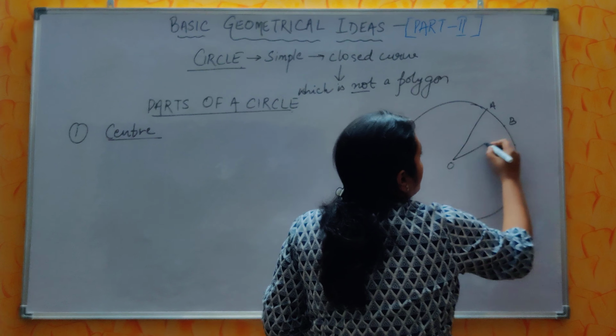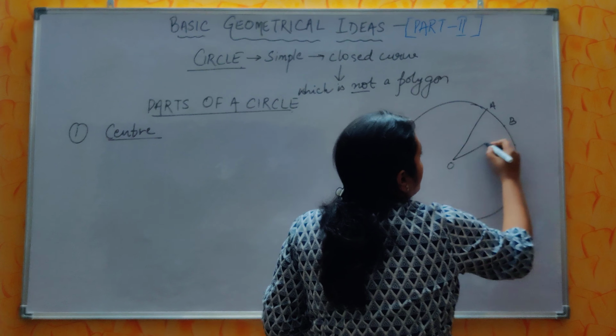Now, interior, exterior and circumference. If this is a circle, then all the points inside the circle will form the interior of this circle, and all the points or all the region outside the circle will be known as the exterior of the circle.